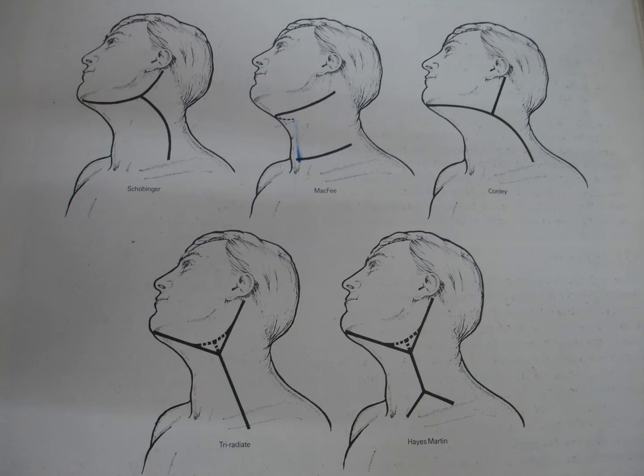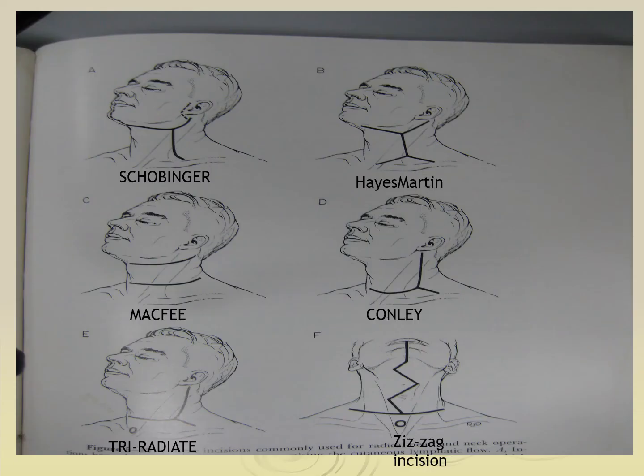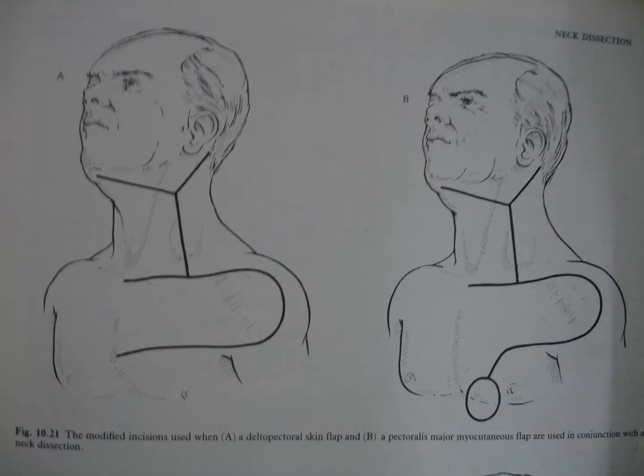It's like a Y-shaped incision, and Dryad is also a Y shape. In McFee, you can see there are two horizontal lines, and they are both tunneling. Then they remove the lymph nodes.